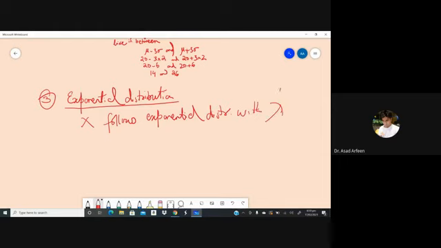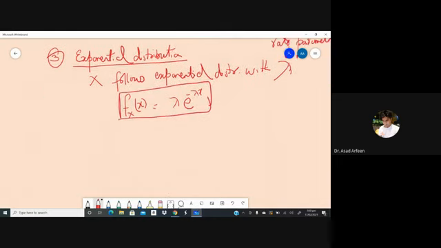This lambda is called the rate parameter. The density function of this exponential random variable is given by lambda e to the power minus lambda x. And if you ask for the CDF, this is 1 minus e to the power minus lambda x.